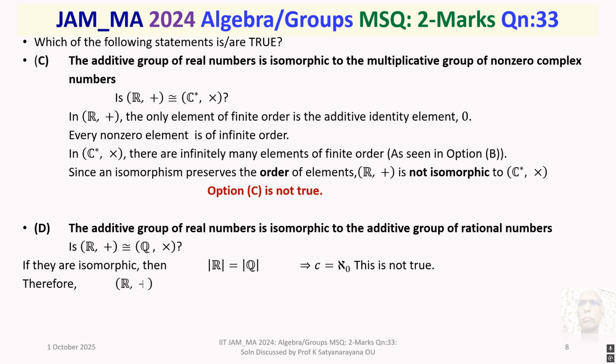Therefore, these two groups cannot be isomorphic. Therefore, option D is not true. Combining all the options, the answer to this question is option A. That is the detailed discussion of the solution of this problem.